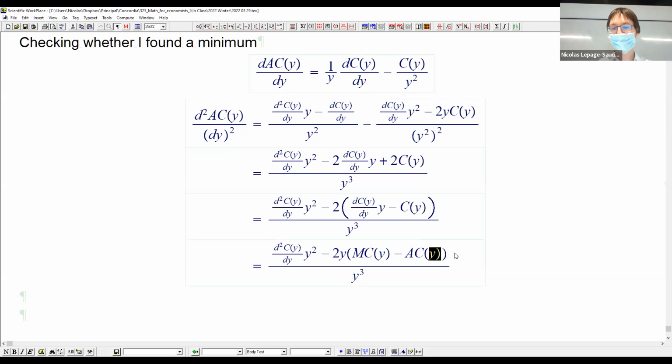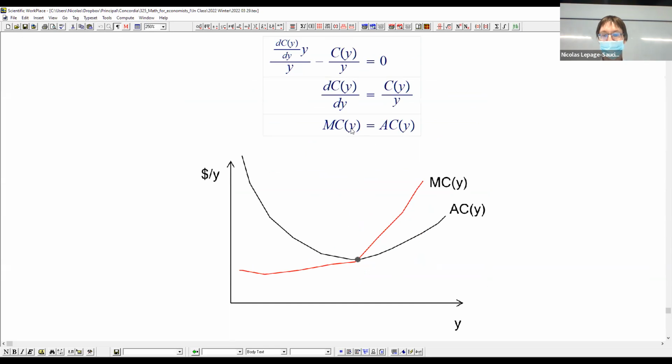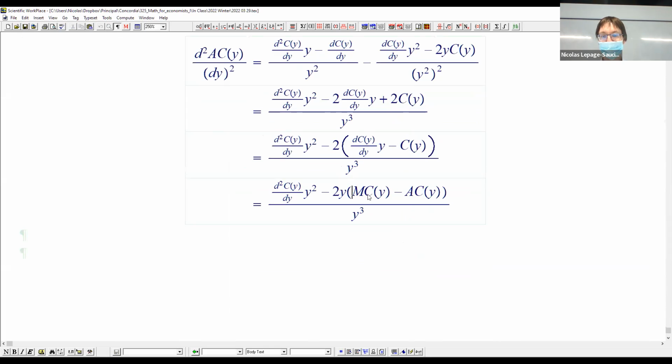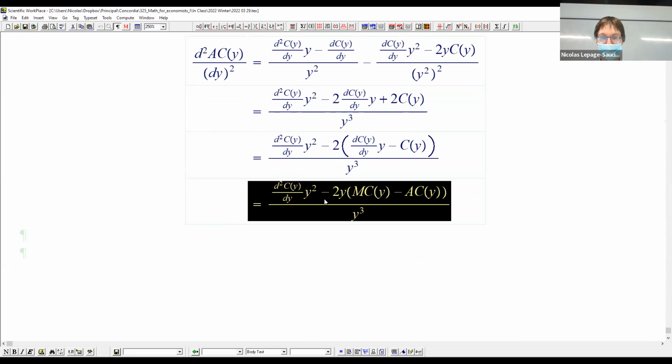And what did we just say that these two were equal to? Or rather, what did we say that marginal cost was equal to? It's equal to average cost. We just said that what we're looking for is a point where marginal cost equals average cost. So then this can be equal to 0.